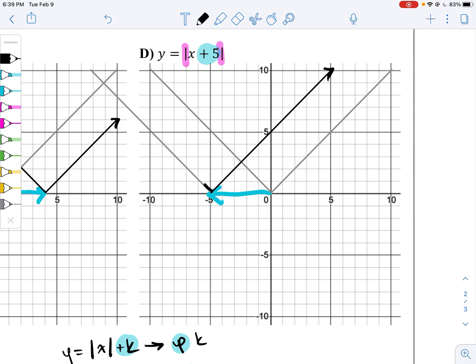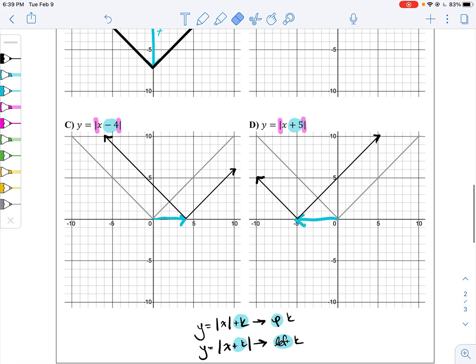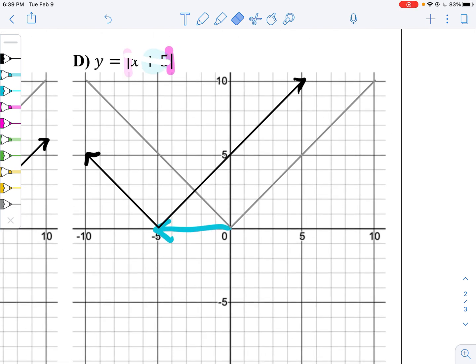That's a great question. What if we had both shifts? We could do both shifts. I'll show you right now. Let's pretend I said, what if it's absolute value of x plus 5 minus 3? Then we would have a +5. But then since we have a -3, it says your y needs to go down 3.